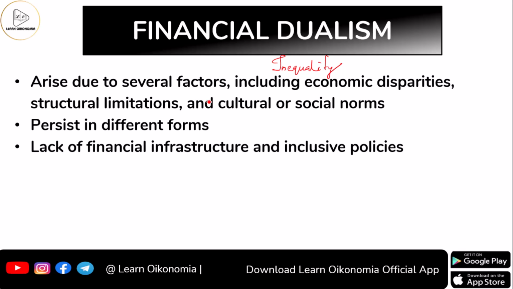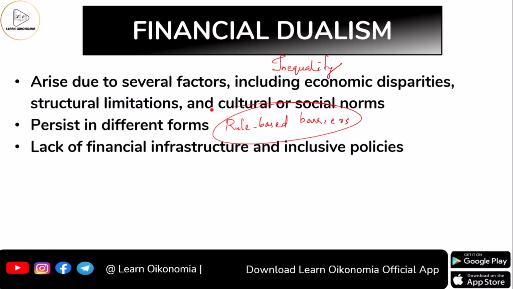Definitely there would be some structural limitations, rule based barriers, like what we could have in the name of collateral. These kinds of aspects, along with some cultural social norms acting as barriers, would compel some people to go for informal money lenders to get some financial assistance for their requirement.